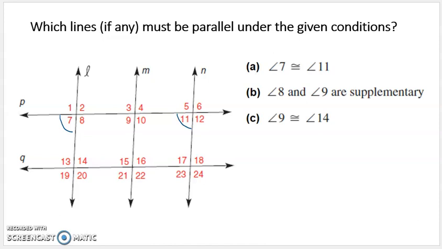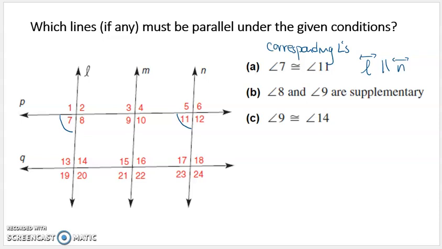But angles 7 and 11 are corresponding angles along transversal P for lines L and N. Since these corresponding angles are congruent, we know that line L must be parallel to line N.